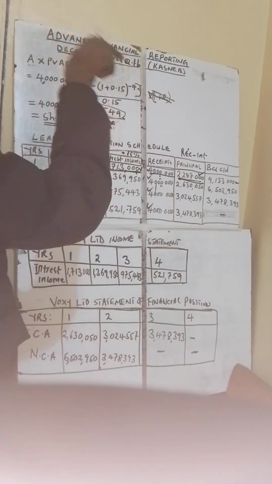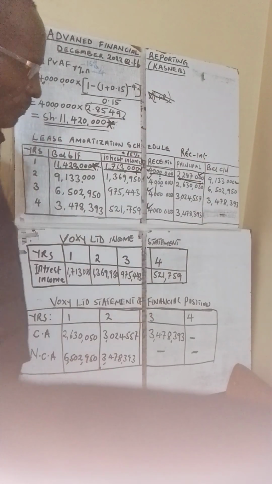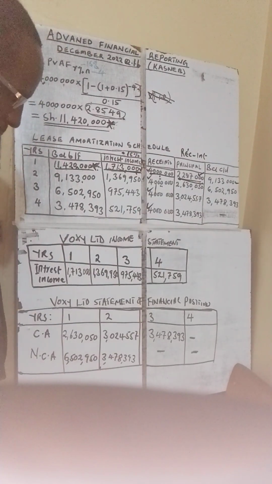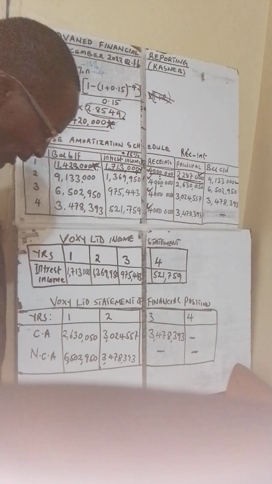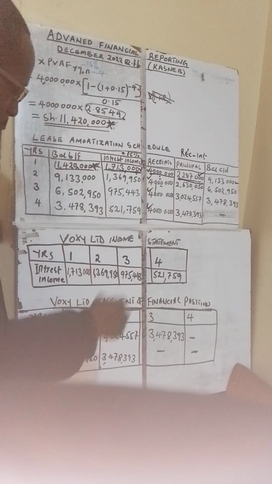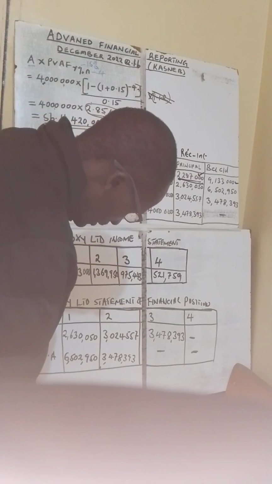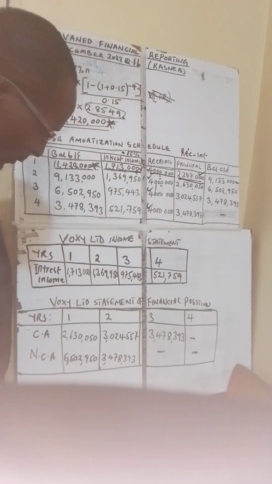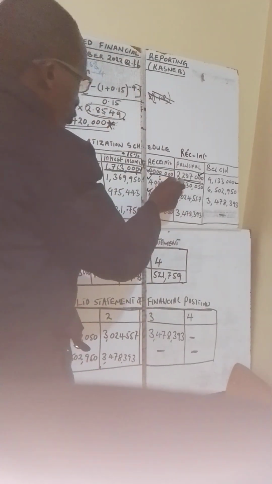And then the closing balance, because you have separated, we need to know what our balance is by the end of that period. You take the balance brought forward, this column here, what you started with, and then you plus the interest income, and then you less the receipts, this column here.